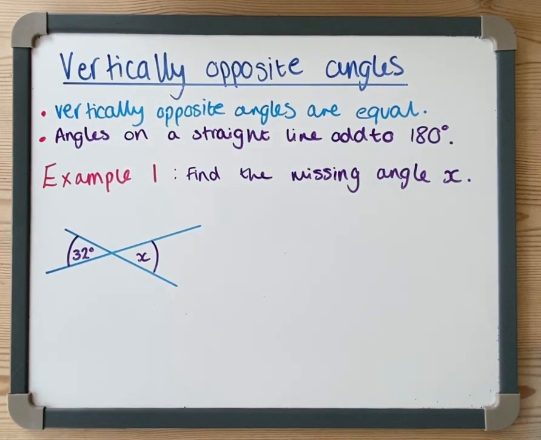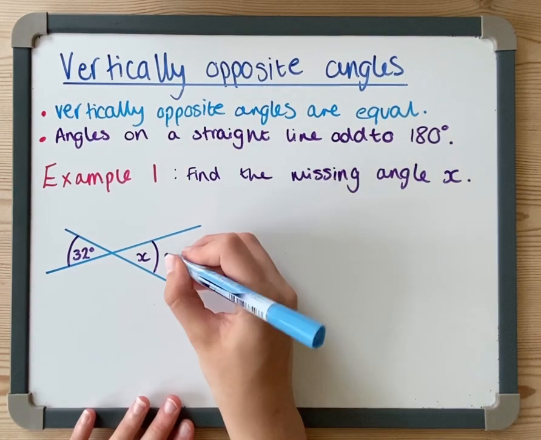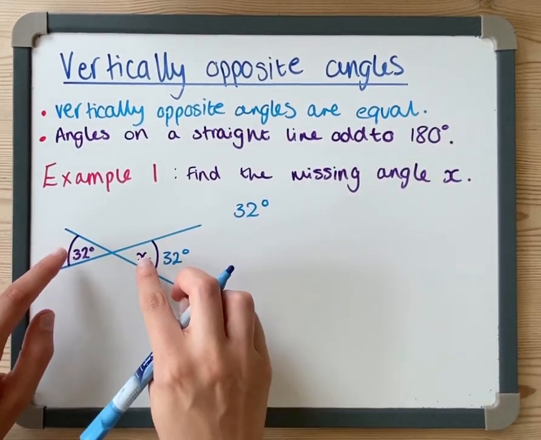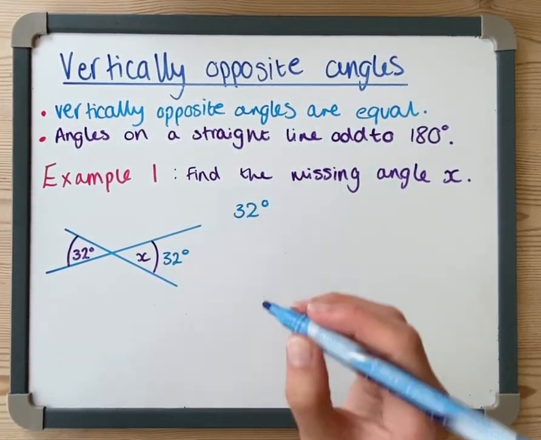Now, can anyone think what it is just straight off? If you said that it is 32 degrees, you are absolutely right. That is 32 degrees. And it is 32 degrees because these two angles are vertically opposite.